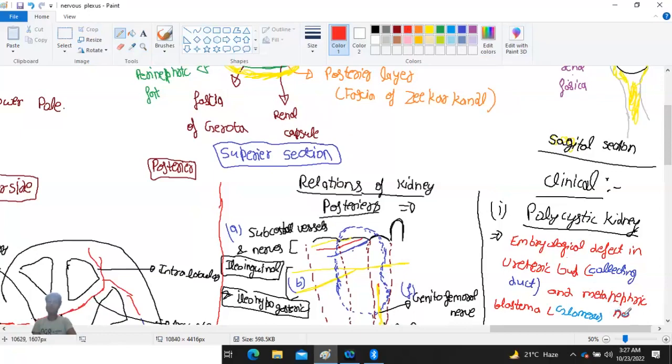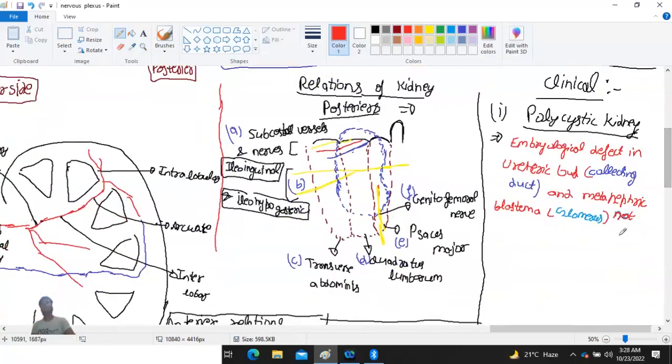So what happens if these two parts are not fused? The glomerulus continuously forms urine, but it cannot go into the collecting duct.